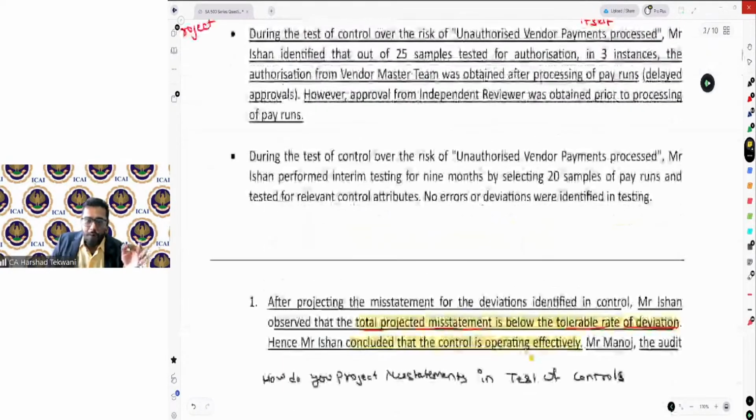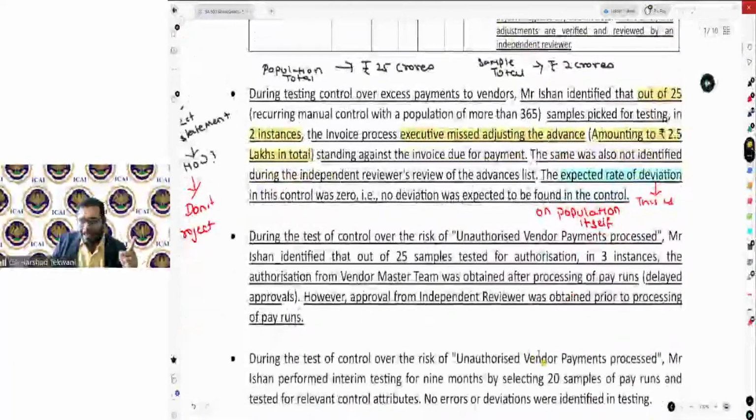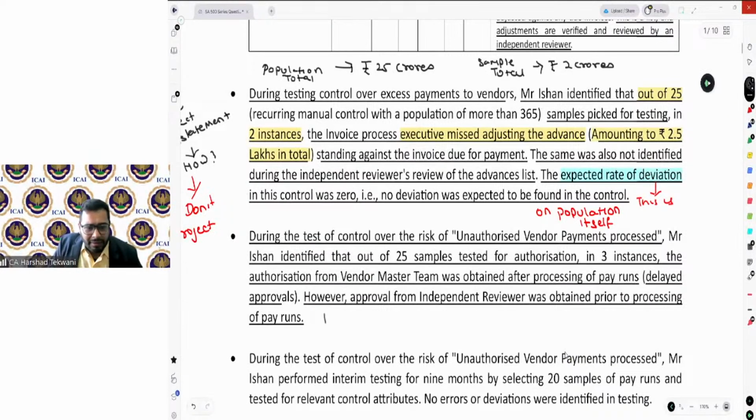Now, my question is whether this particular deviation that we have identified is a deficiency in this particular control, second number. Can I say that the deviation is equal to my deficiency in internal control?